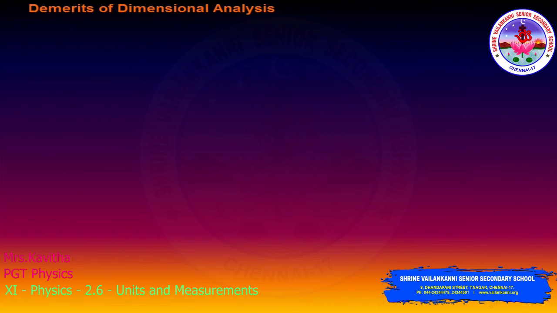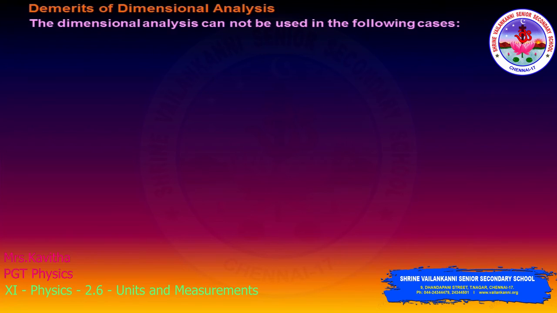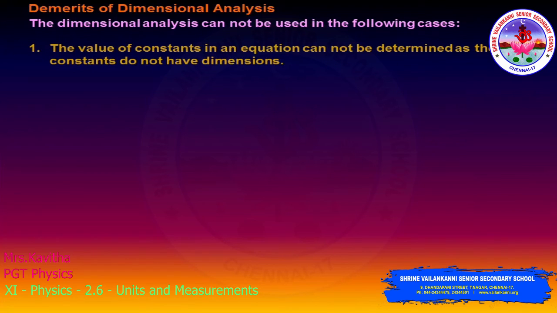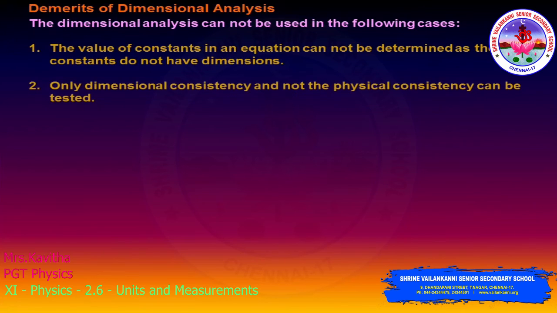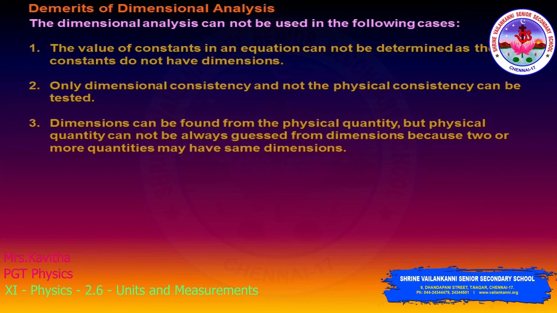So what are the demerits of dimensional analysis? The value of a constant in an equation cannot be determined, as constants do not have dimensions. Only dimensional consistency, and not physical consistency, can be tested. The dimensions can be found from the physical quantity, but the physical quantity cannot always be guessed from the dimensions, because two or more physical quantities can have the same dimensions.